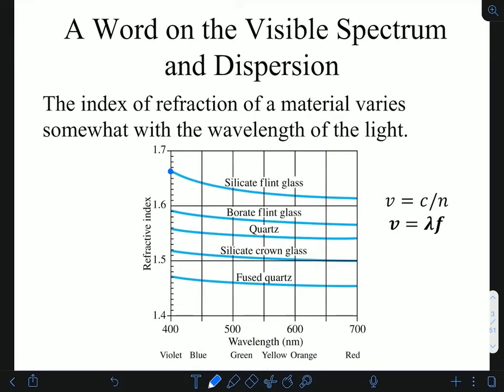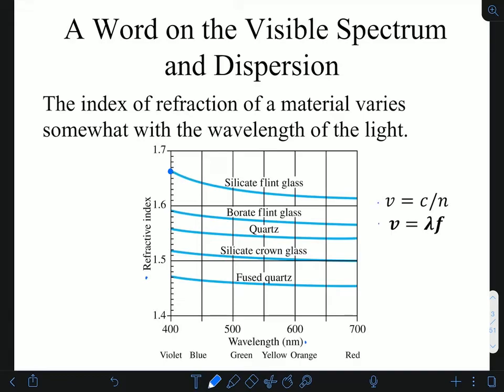So if we look at visible light and dispersion, if I have, say, a piece of glass, I can look at this graph and see what the refractive index is as a function of wavelength. So we can see that the refractive index is going to depend on wavelength. We look at these equations over here.